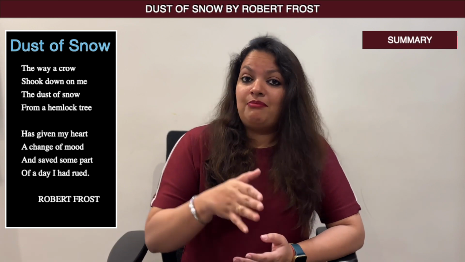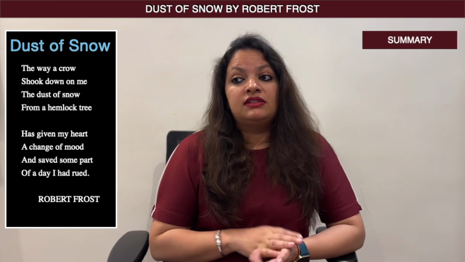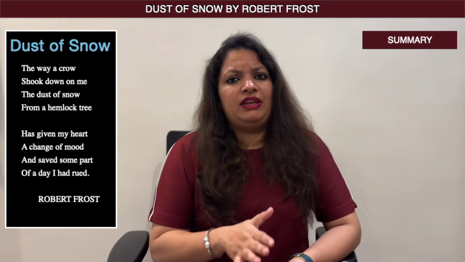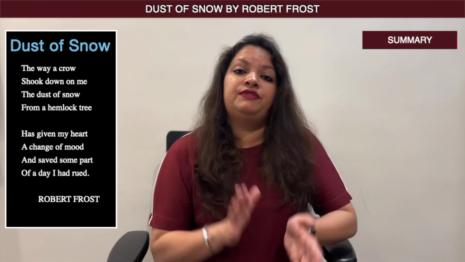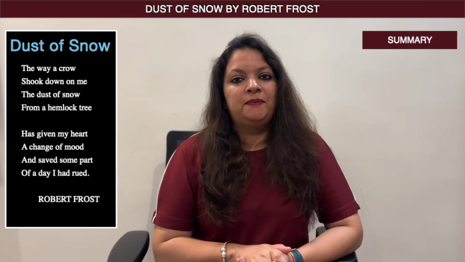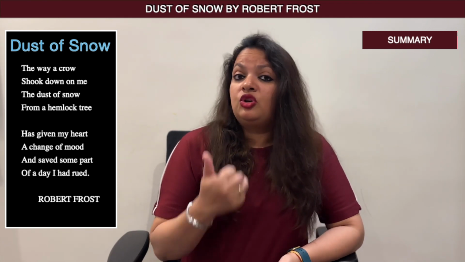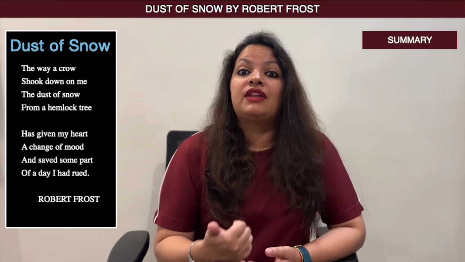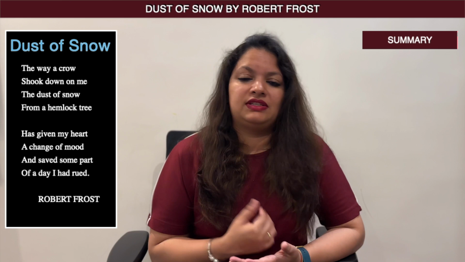Robert Frost has primarily used these two elements in order to tell us about something bad which was prevailing in the atmosphere around him. Crow is symbolic of a bad omen, and hemlock tree is a poisonous tree.